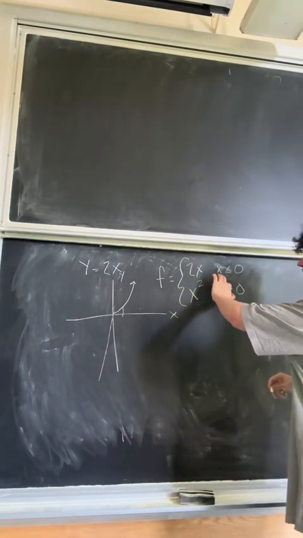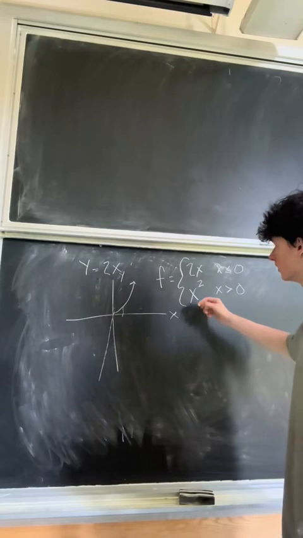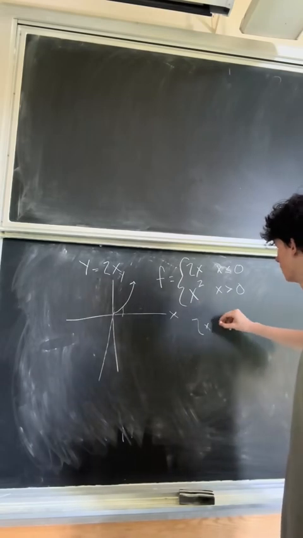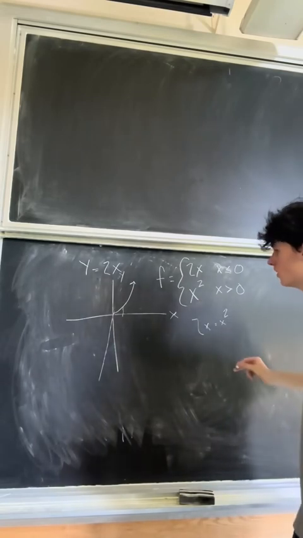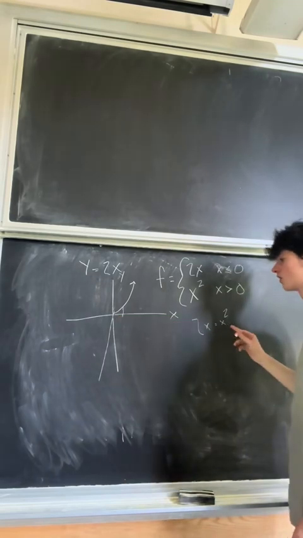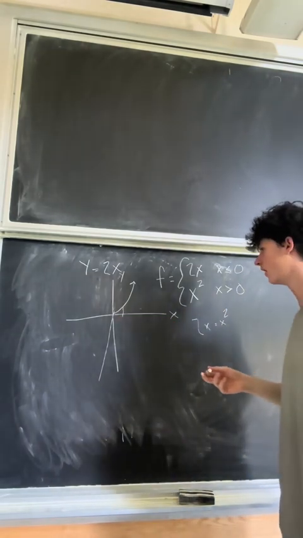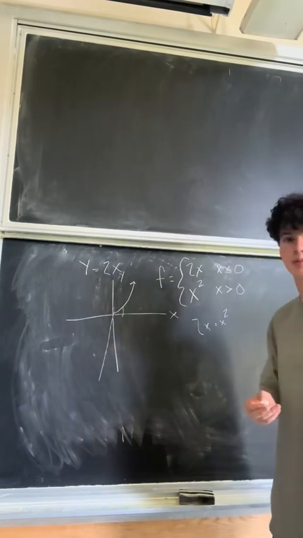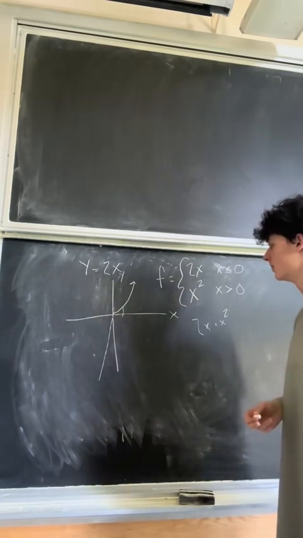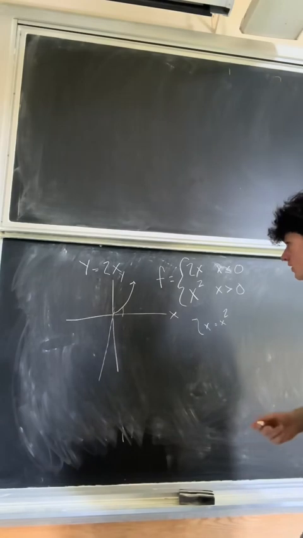So at 0, what you would do is set them equal, like 2x equals x squared. And then you know that at 0 it has to be equal to 0 so that this condition is true. I don't know if that made sense, but that's an example problem of solving piecewise functions. But this is what a piecewise function is.